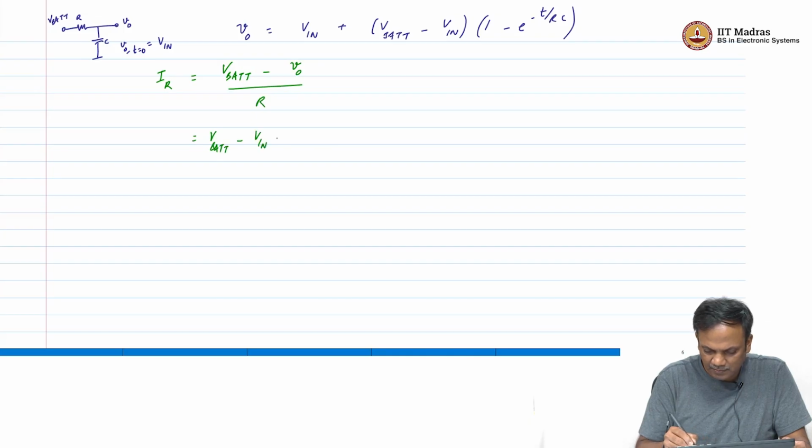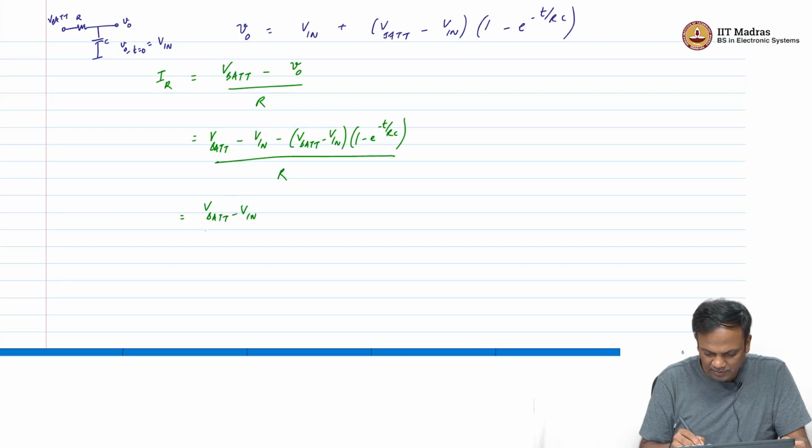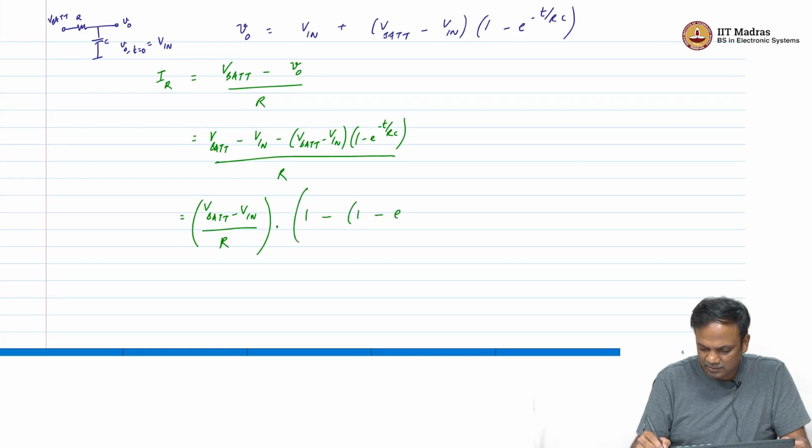minus V in minus (V bat minus V in) into (1 minus e to the minus t by RC), by R. So, I can pull out (V bat minus V in) by R, then I get 1 minus (1 minus e to the minus t by RC), right.